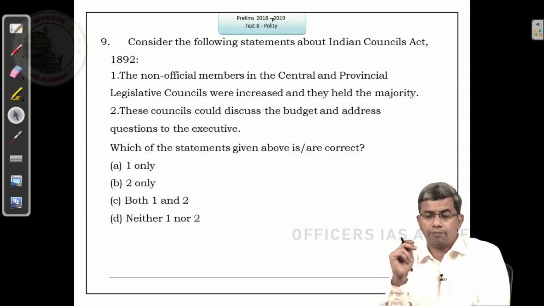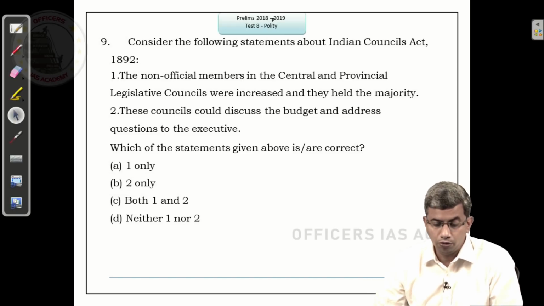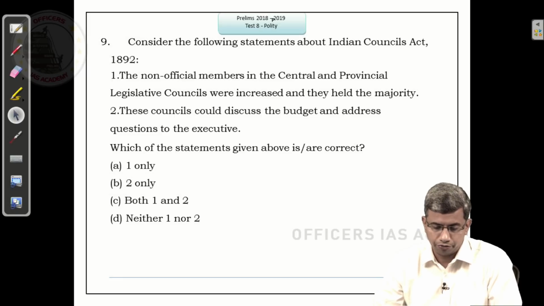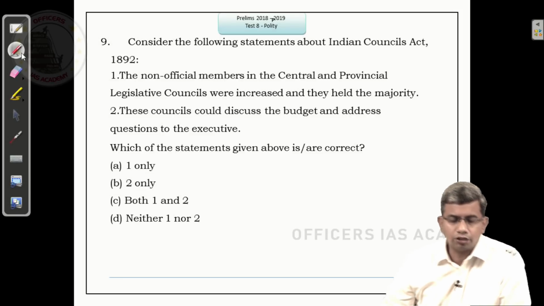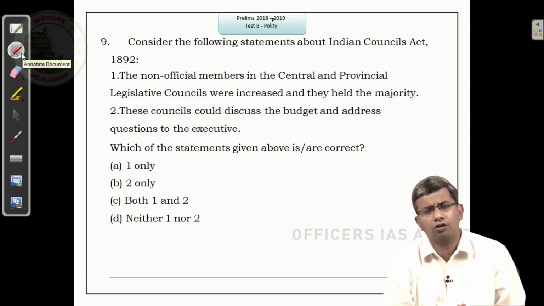Consider the following statements about Indian Councils Act of 1892. The non-official members in the central and provincial legislative council were increased and they held the majority. These councils could discuss the budget and address questions to the executive. Which of the above statements given are correct? 1858 was completely British control.